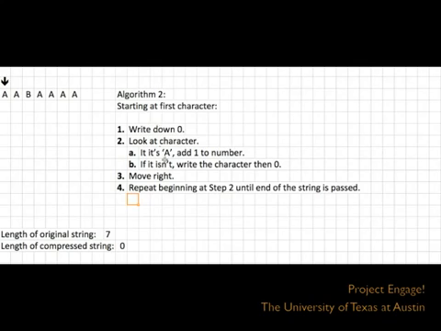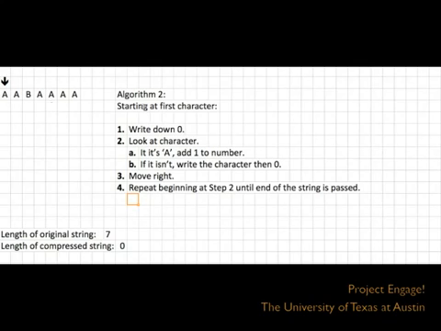In algorithm 2, we're actually looking for A's. We've decided, okay, this particular kind of string that we're going to compress typically has a lot of A's in it, and we want to capitalize on that fact. Now, it's going to turn out that this particular algorithm isn't so good if you don't have a lot of A's. Because what it's doing is compressing the number of A's and basically ignoring any other character.